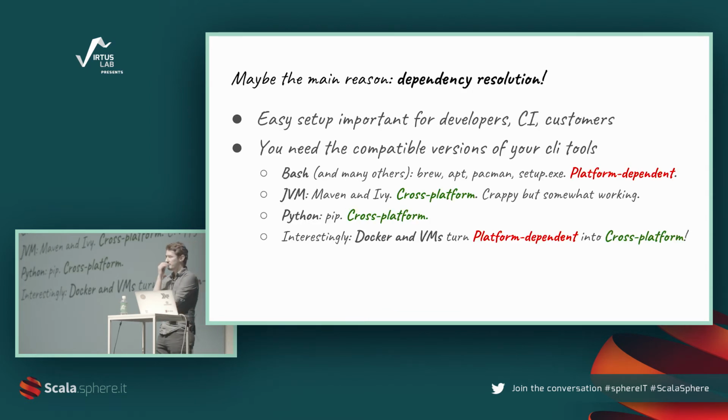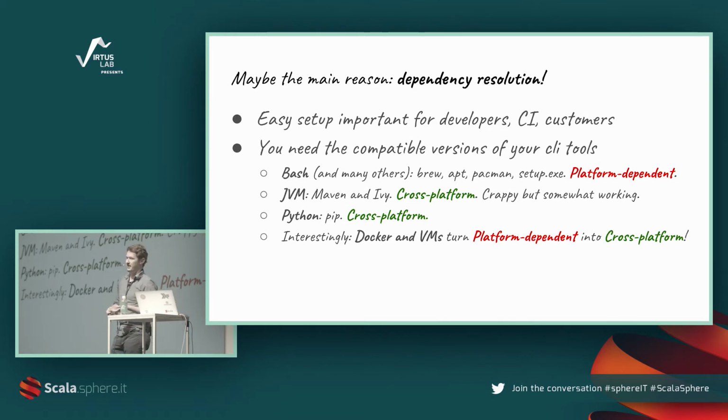And maybe one of the main reasons why we're not using bash, I mean, there are several, but maybe one of the main ones is really dependency resolution, because sure, we used to use bash and make and these things for building programs, but then the internet happened and everything got distributed in lots of different operating systems. But the problem is these command line tools you have installed, they're usually installed in a platform-dependent way.